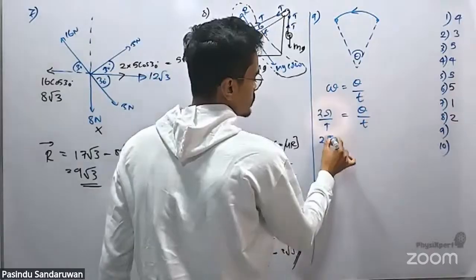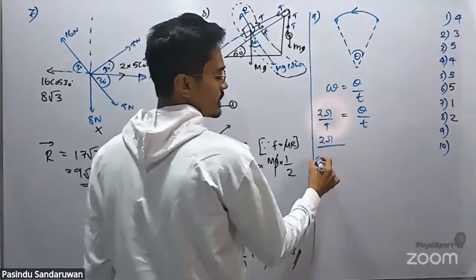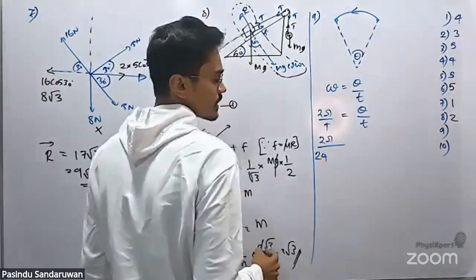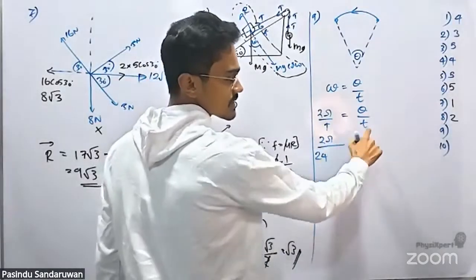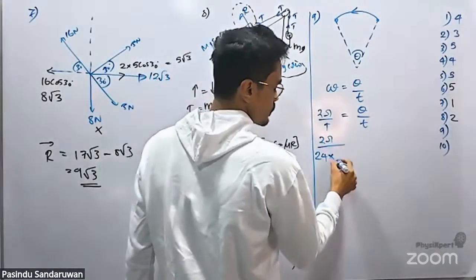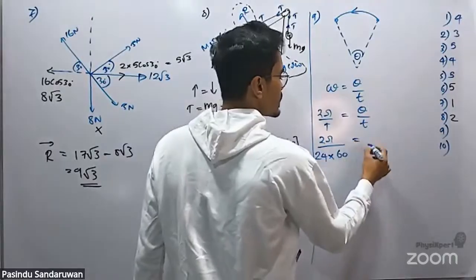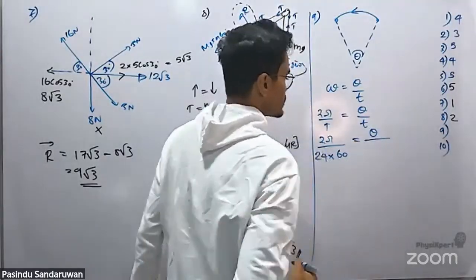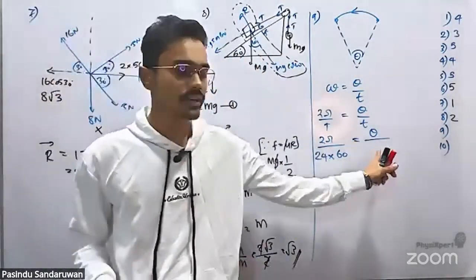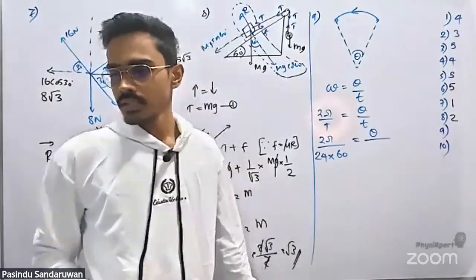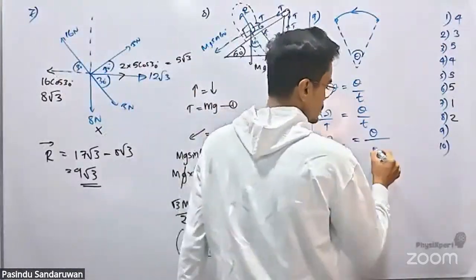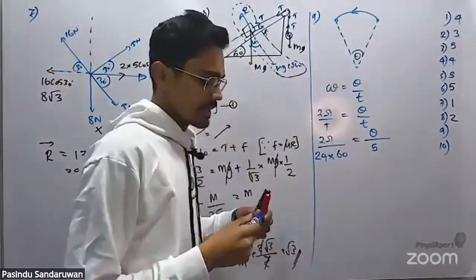Then 2 pi over capital T, T is 24 hours. I will convert this to minutes because this side is given in minutes. Then 24 into 60. We don't know what theta is, that over t, 5 minutes.